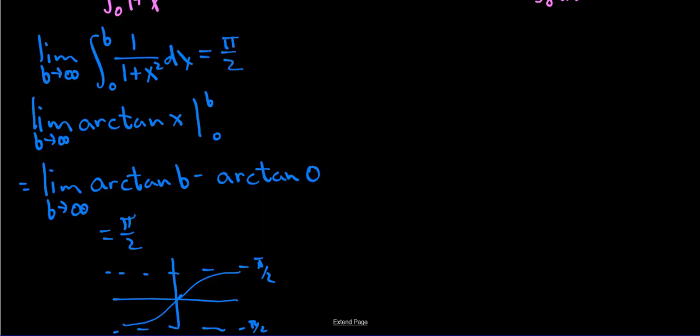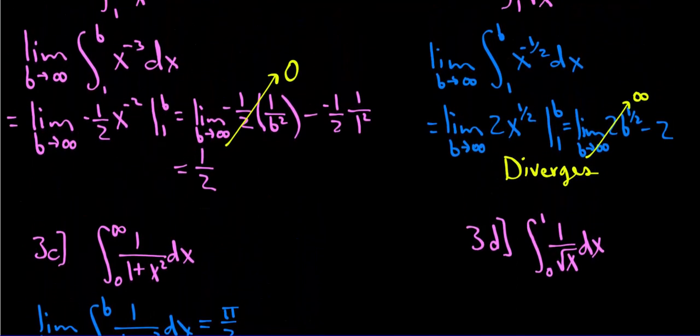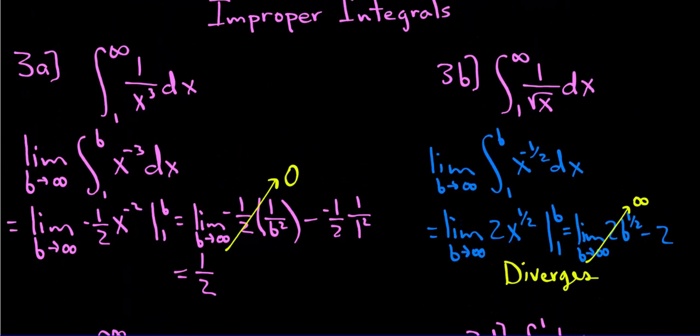Now I've chosen these ones because they're good ones to understand, or they give insight into similar problems. Notice that this right here is 1 over x to the p where p is greater than 1. This is 1 over x to the p where p is less than 1.